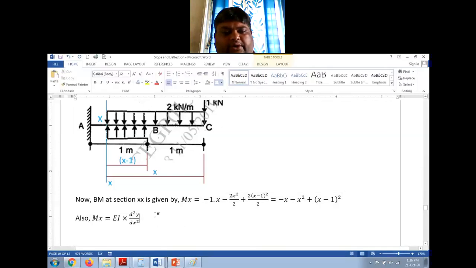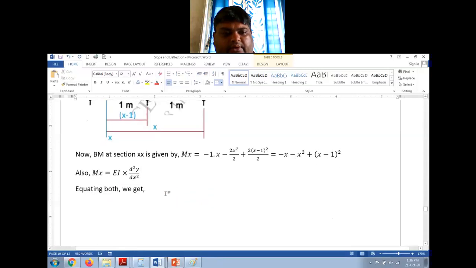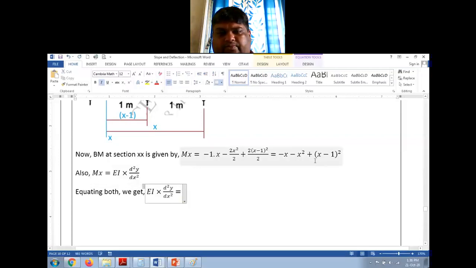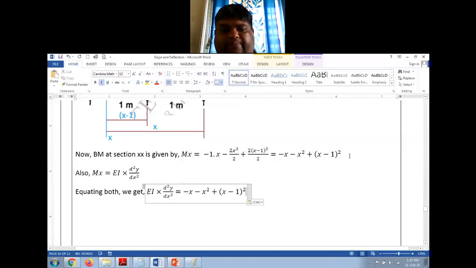Now we equate these two. Equating both, we get EI d square y by dx square is equal to minus x minus x square plus (x minus 1) whole square, right? So this is my equation which I have to integrate now.